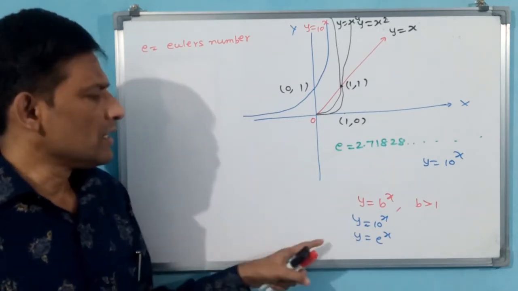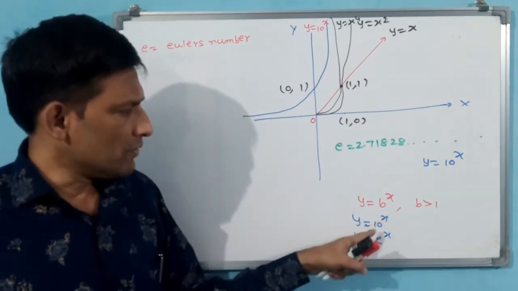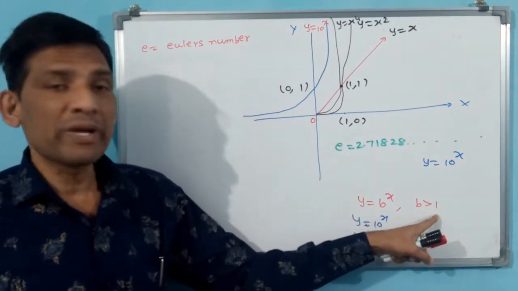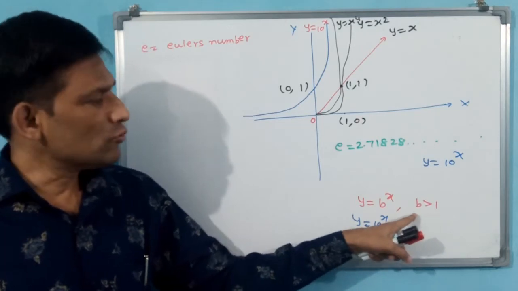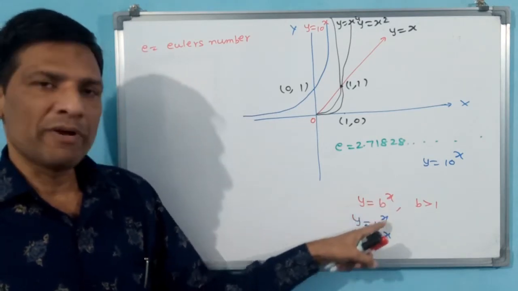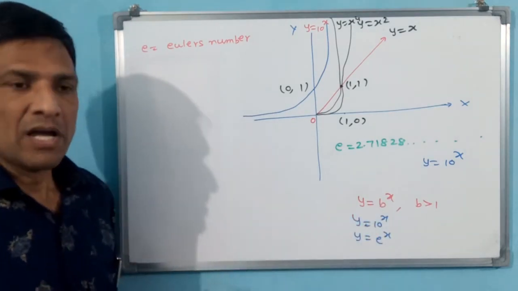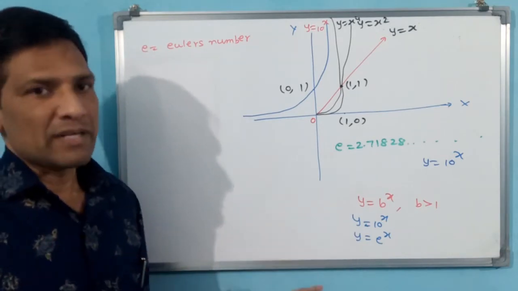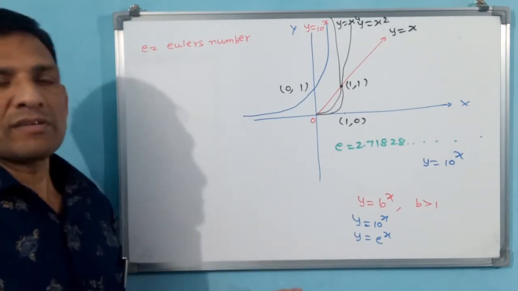Without these also, standard exponential functions are there, provided the base is greater than 1. Base should be greater than 1, and y is equal to b power x is an exponential function. But we study two standardized exponential functions.